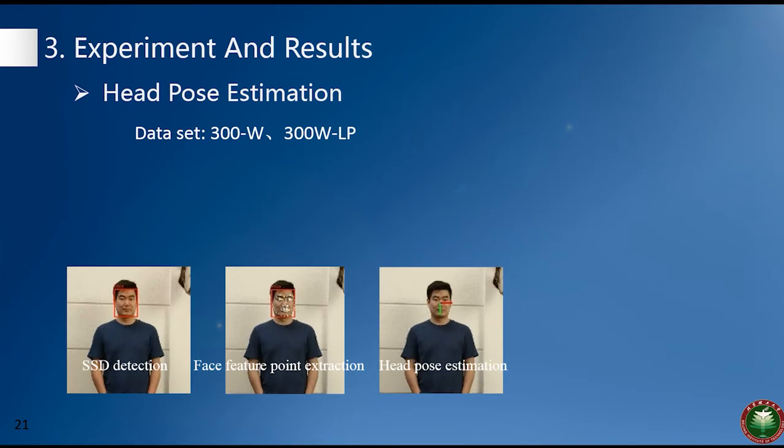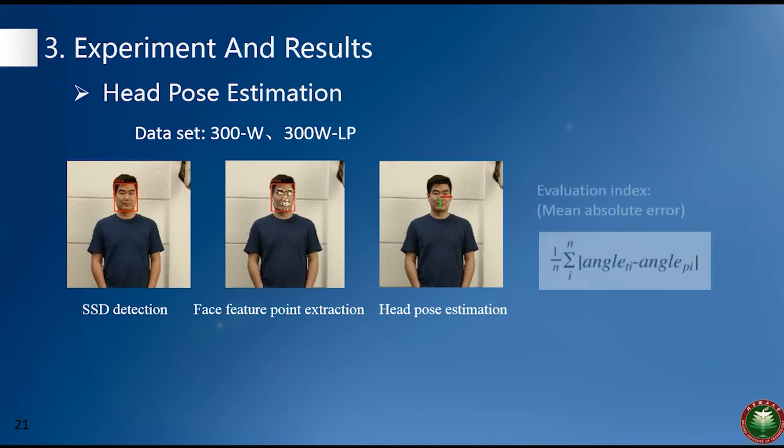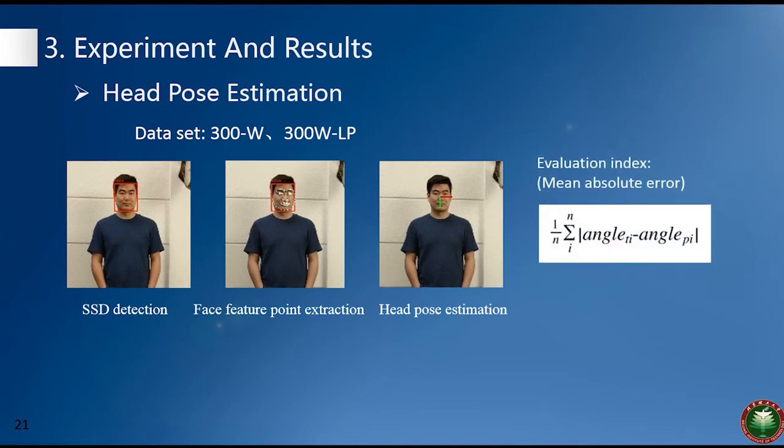Hand pose estimation uses 300W and 300WLP as the training dataset. The picture on the left is the result. The deep learning method is basically the same as the classic method. The formula on the right is the evaluation index, which uses mean absolute error.